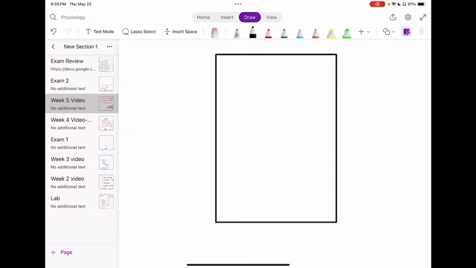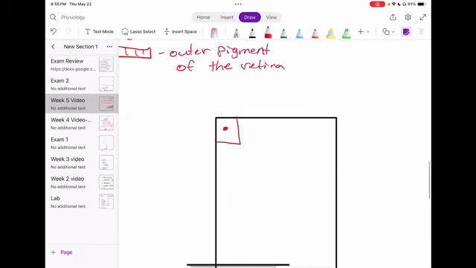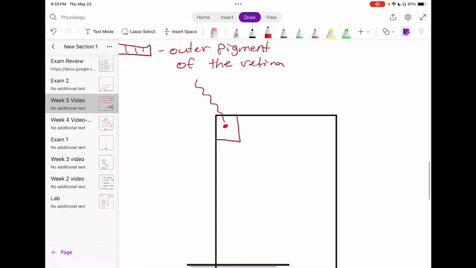So, first off, we have a couple things that are important to know about. When the light comes in, our first step is the light. Light will hit this molecule here.